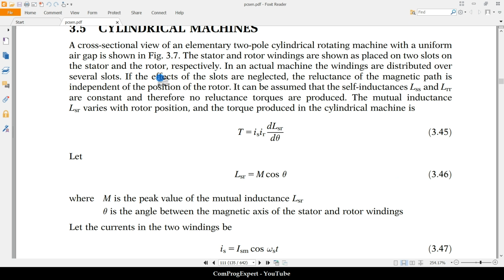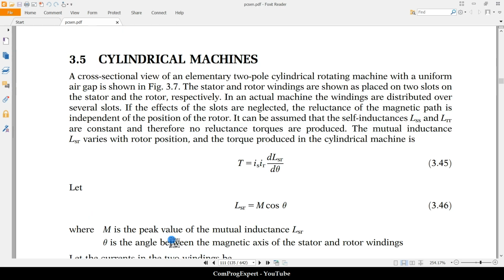If the effects of the slots are neglected, the reluctance of the magnetic path is independent of the position of the rotor. It can be assumed that the self-inductances LSS and LRR are constant and therefore no reluctance torque is produced in cylindrical machines.